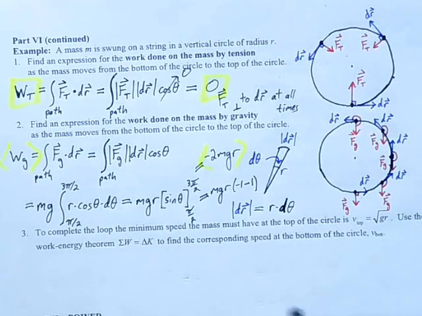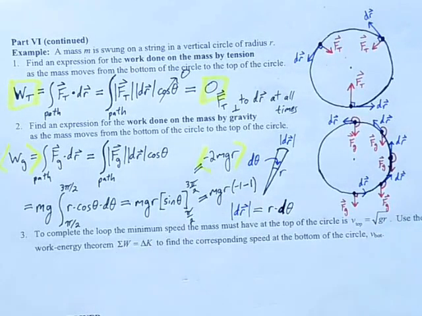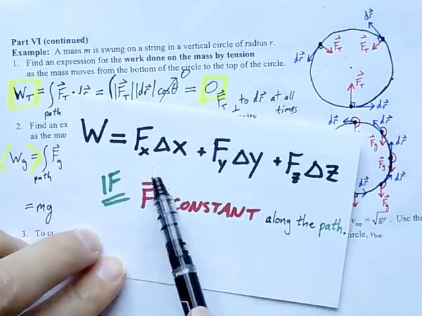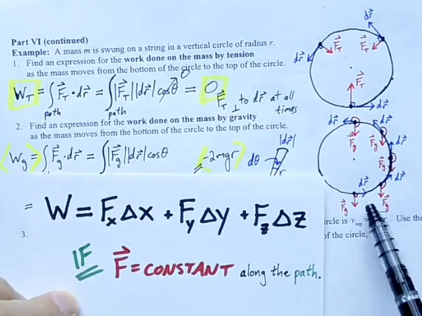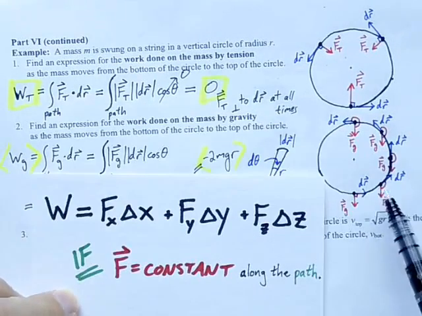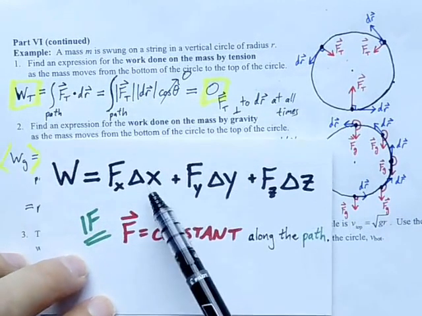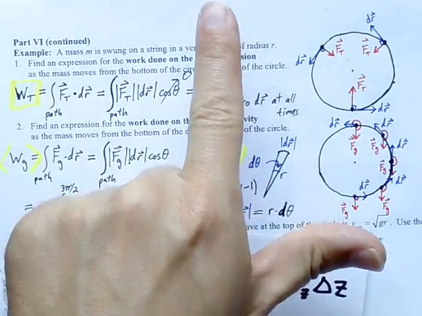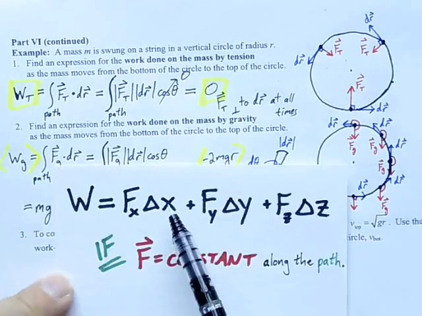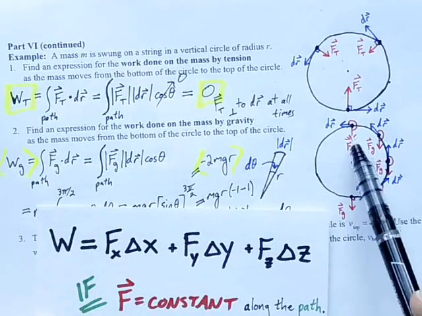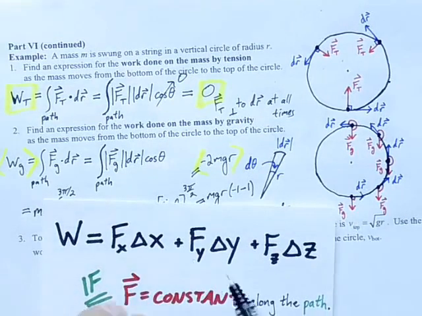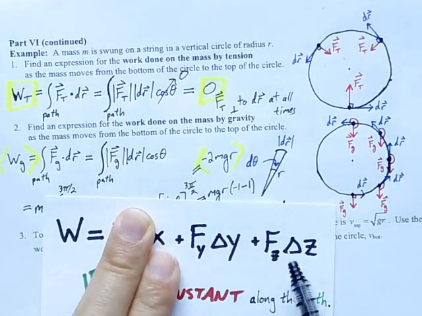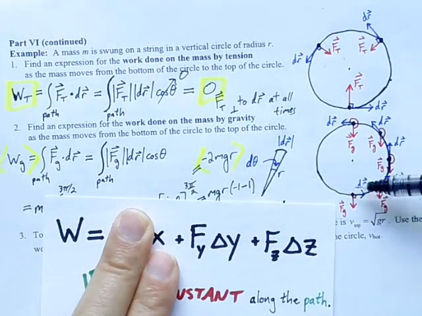Because although we were clever about evaluating that integral, we could have just used this definition, because after all, the force of gravity is constant along this path. So we could have just used this definition and note that delta x, if we use standard xy axes, was 0, since we started and ended at the same x value. Delta z was 0, and our delta y was 2r.